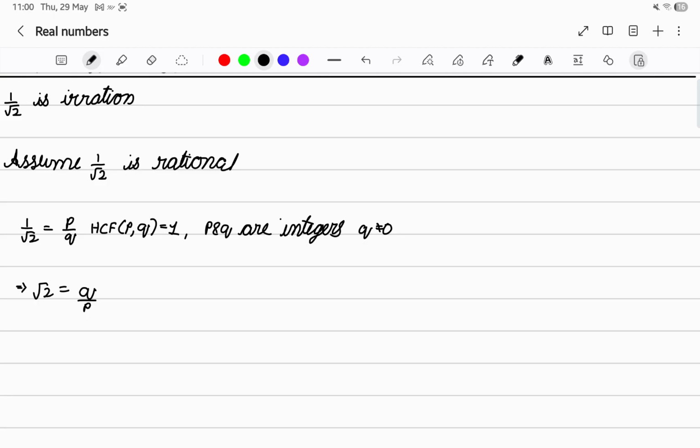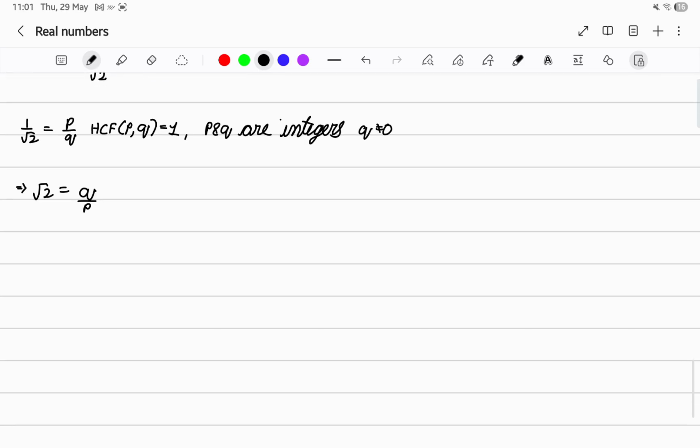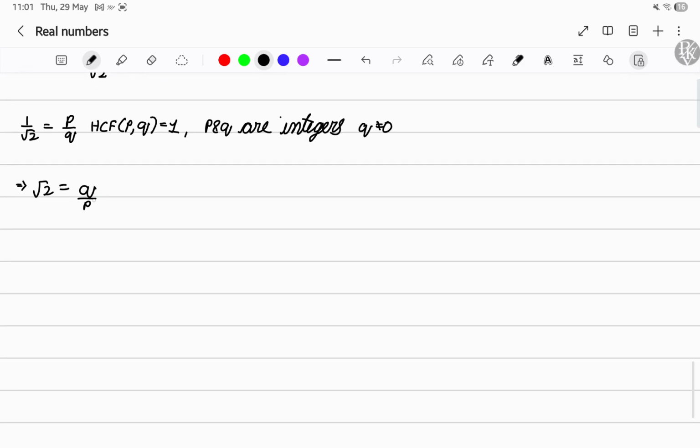So this means that Q by P is rational. Q by P is rational. This will imply that root 2 is rational.